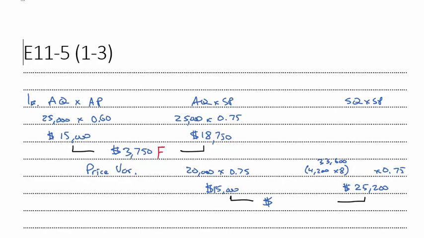So, wow, big variance, favorable. We're going down as we move to the left here. So $10,200 favorable variance.